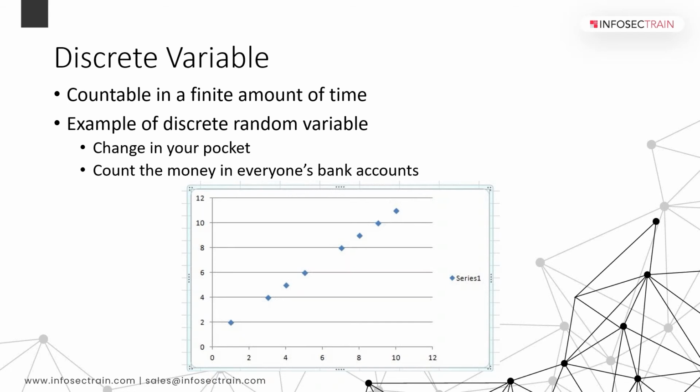It might take a longer time to count that last item, but the point is it's still countable. Means if we can count the number, then we can say that variable is a discrete random variable.